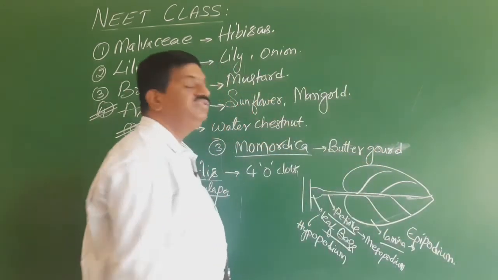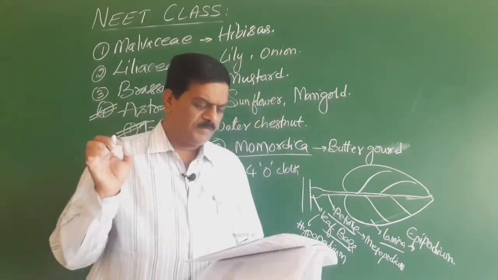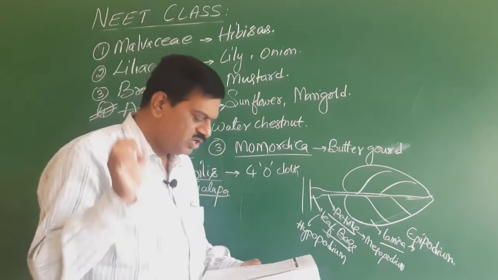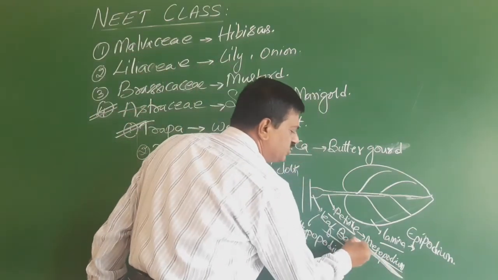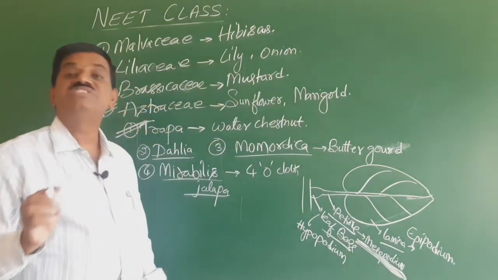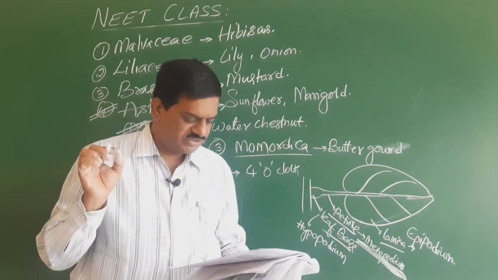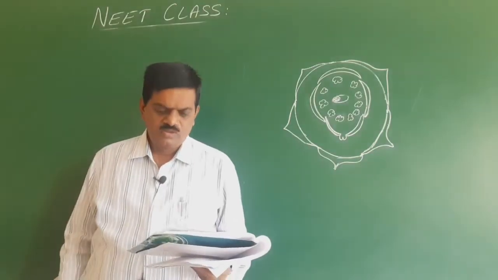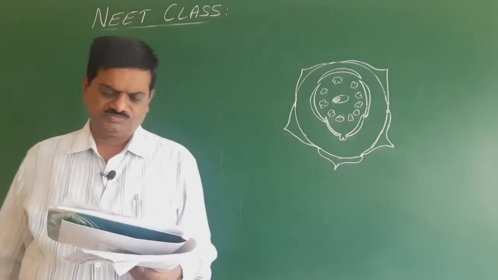These are the three parts of the leaf. Here the question is the petiole part of a leaf. The petiole part of a leaf is called mesopodium. So this mesopodium is the right answer, the second option. So we go for the next question, the 17th question.